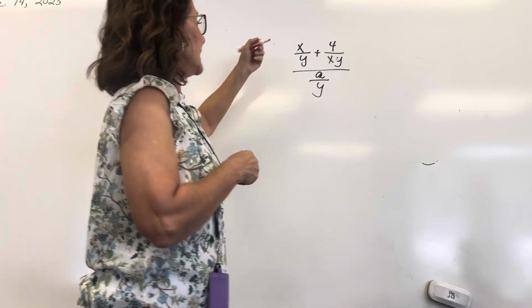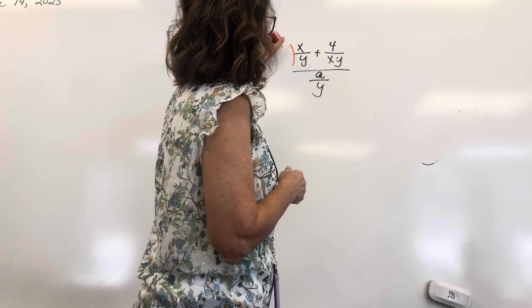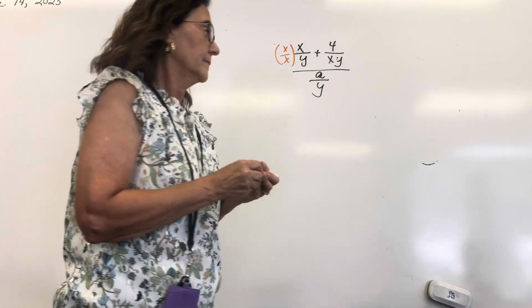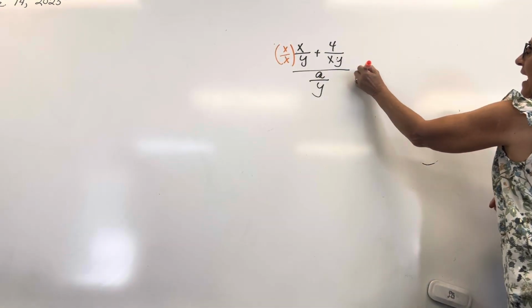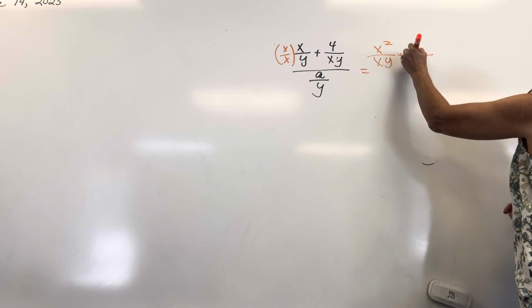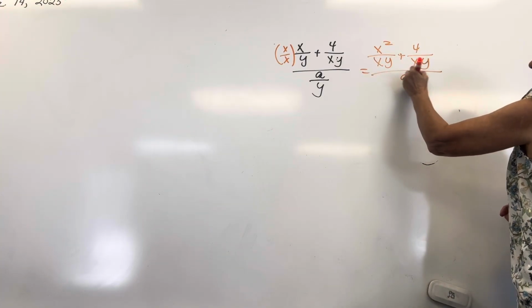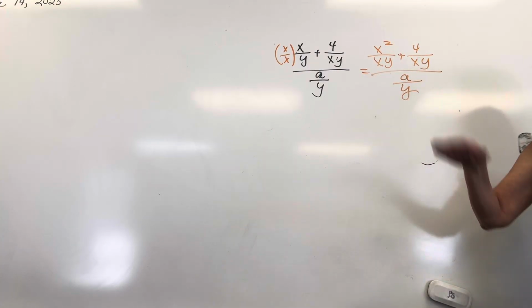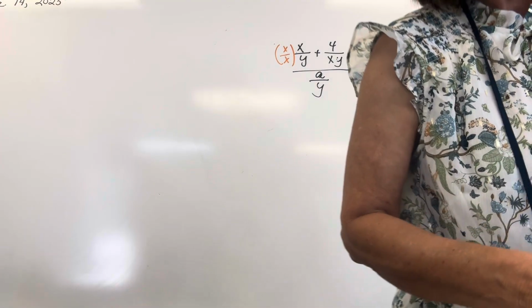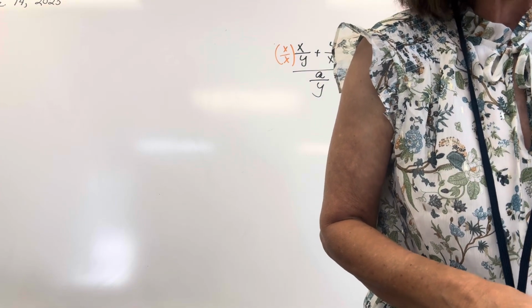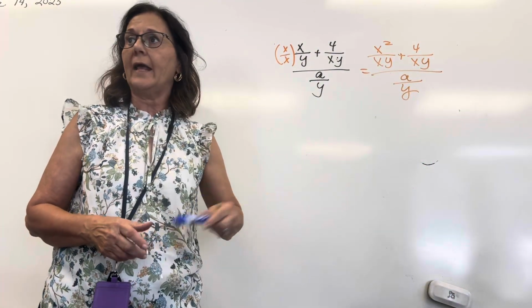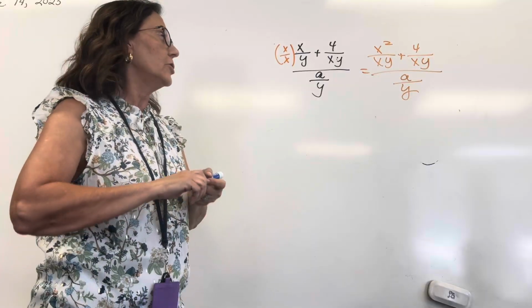XY. So to get to XY, I take this first term and multiply by x over x, so that I have x squared over xy plus 4 over xy over a over y. Now once I have a common denominator, we do not add the denominators. You only add the numerators.